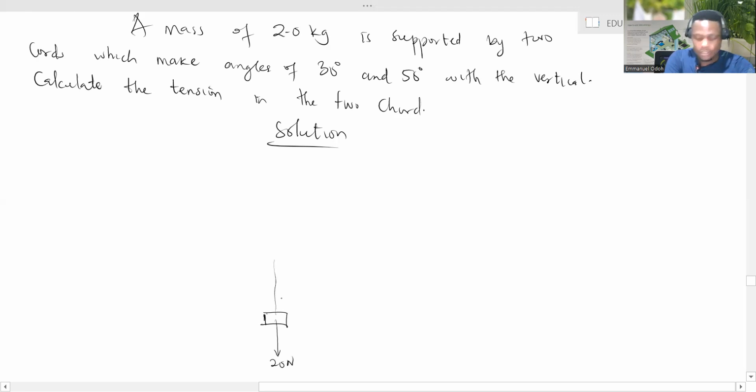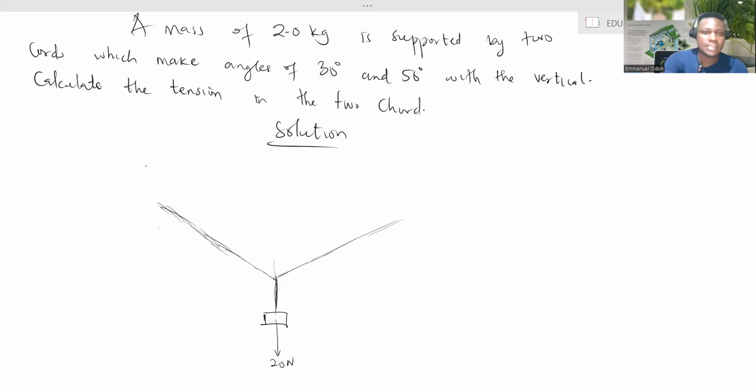So this mass is held by a string and supported by two cords. Let's say they are strings or wires. This is one of them, the other one is this. So these are the two cords, cord 1 and cord 2. They make angles of 30 degrees and 50 degrees with the vertical. Let me use red.